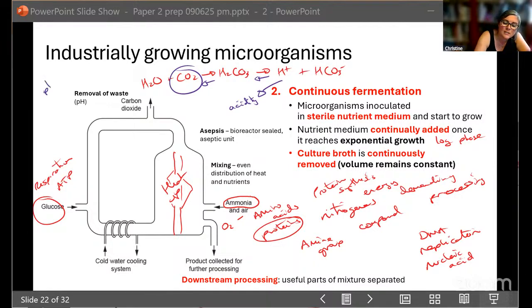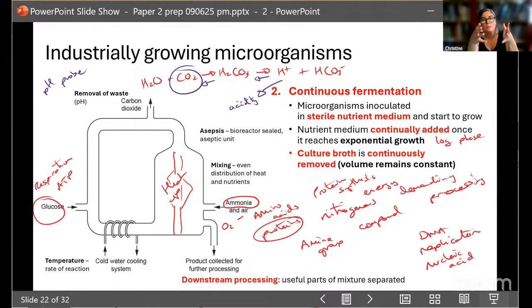And this is where you'd say you'd have a pH probe. And then obviously the temperature, you've got your rate of reaction. Rate of reaction is going to increase if the temperature is increasing, but if we go too high, we're therefore going to affect that rate of reaction. So they can go either way they want on that one.